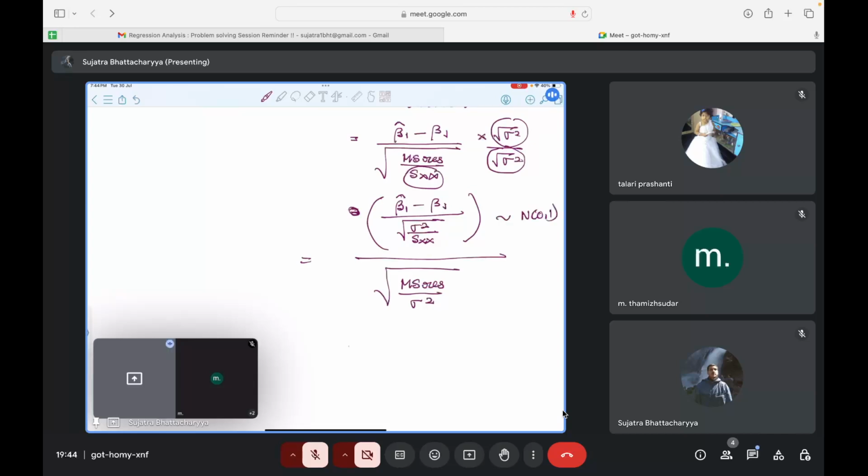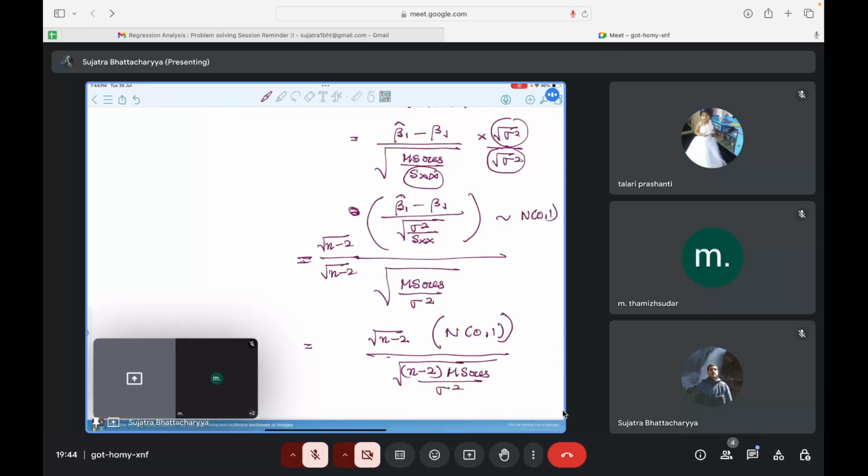And now if I multiply n minus 2, root over n minus 2 and root over n minus 2 here. Why am I doing it? I will tell you. So it becomes root of n minus 2 times normal 0, 1 distribution divided by root over n minus 2 MS residual by sigma square.